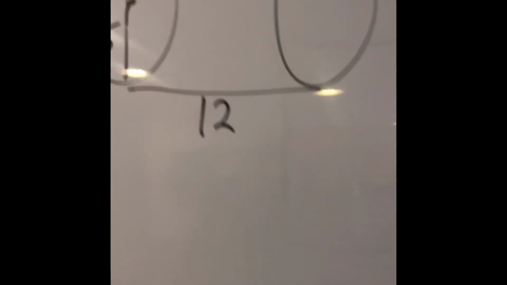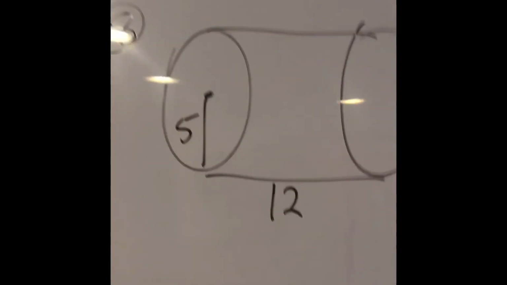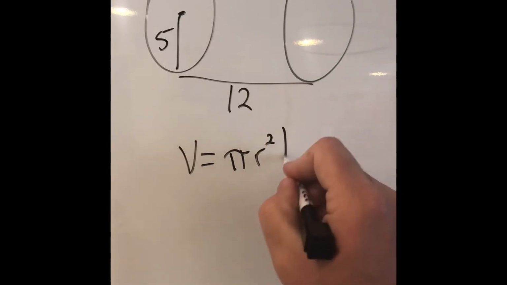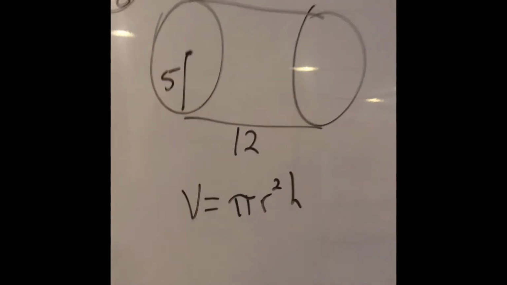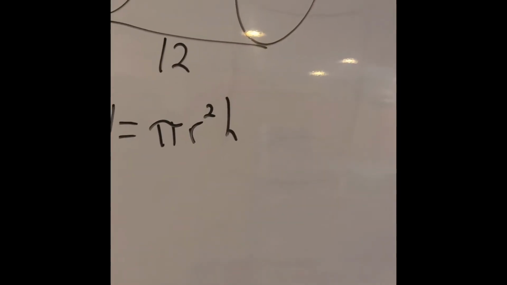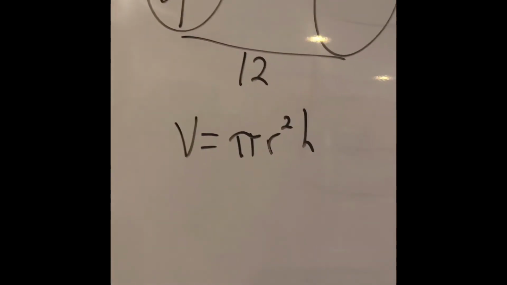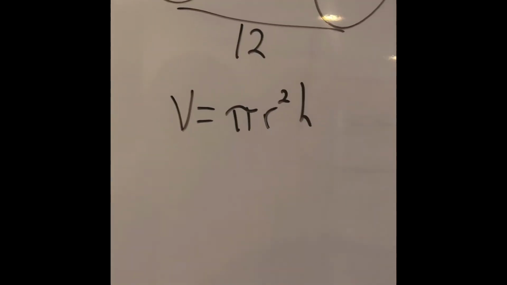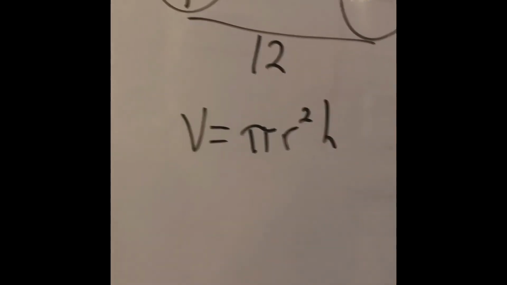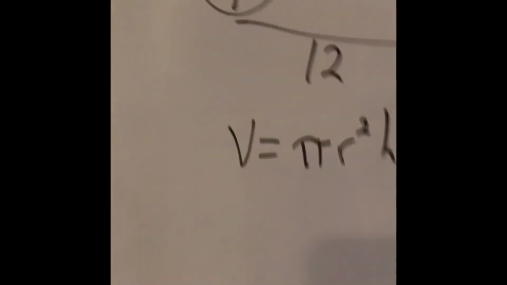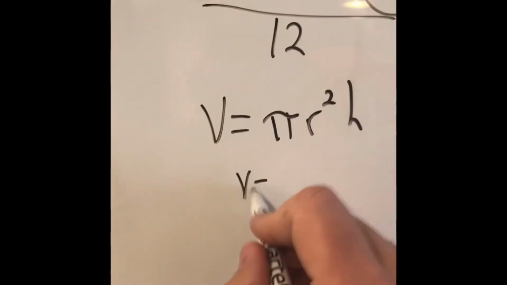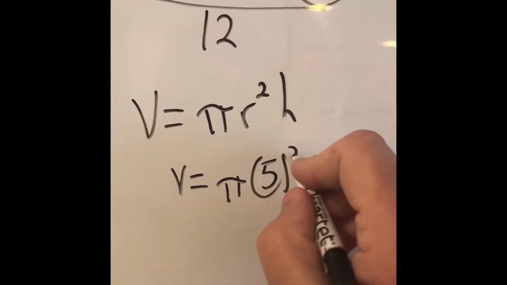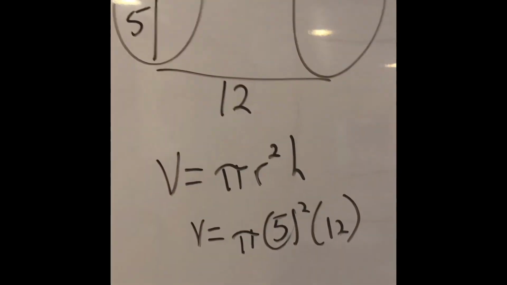For number 8, we have volume is pi r squared h. So what we want to do is fill in our 5 and our 12 into our problem. So let's go with volume equals pi times 5 squared times 12.